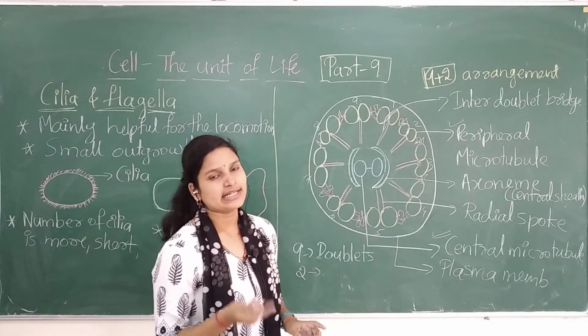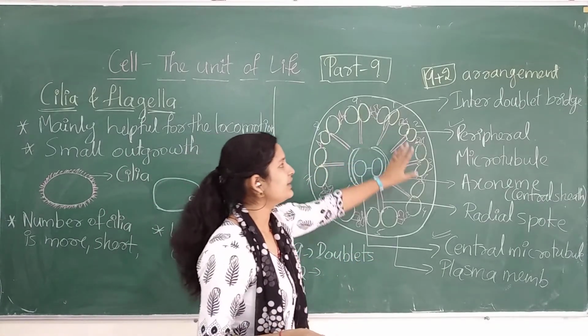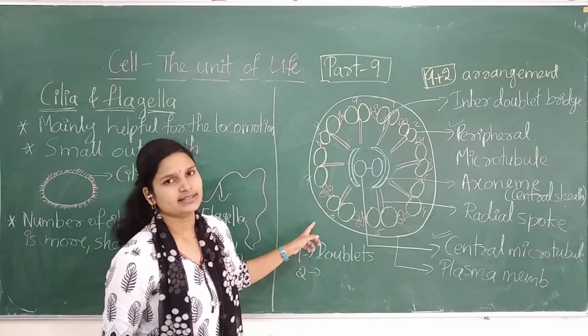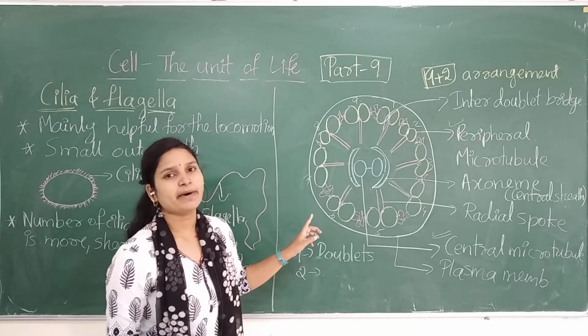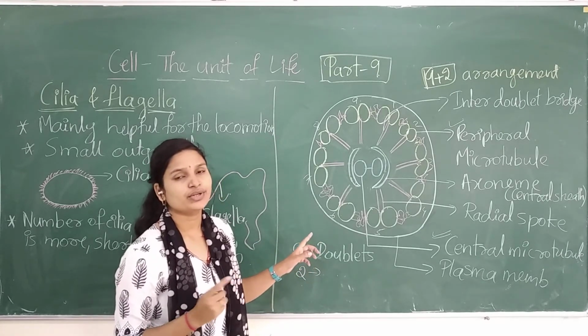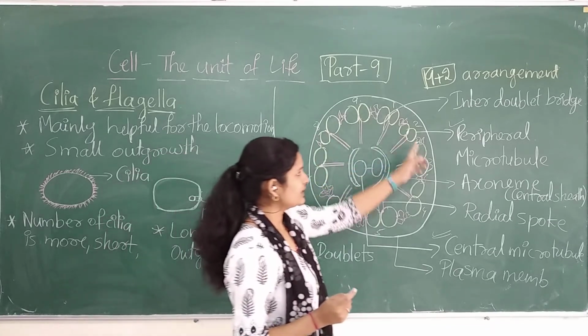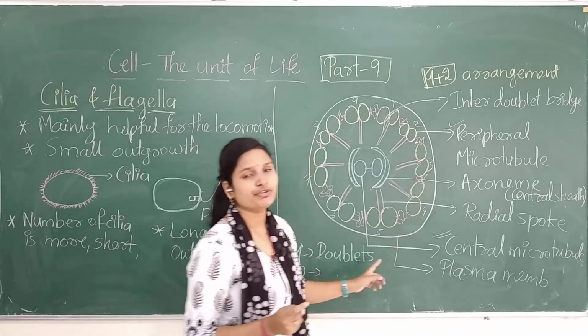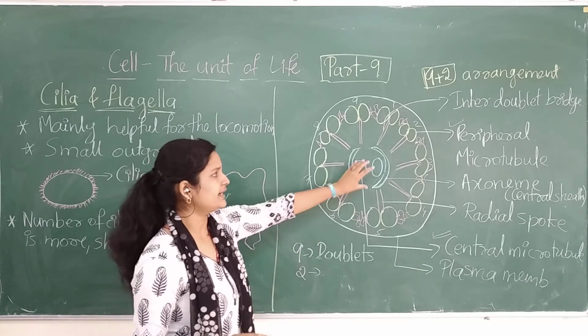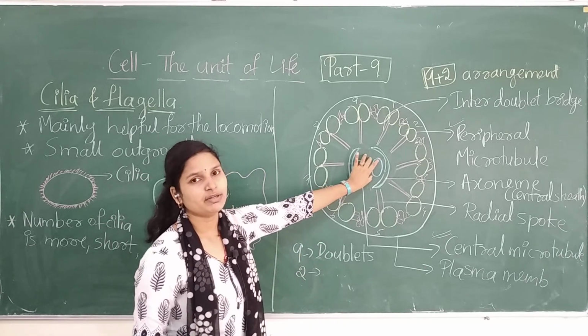But when we understand the structure, the proteinaceous part will look like this. The proteinaceous part we call microtubule. Mainly tubulin proteins will be involved. These peripheral tubules we call peripheral microtubules, and the center two microtubules will be arranged.